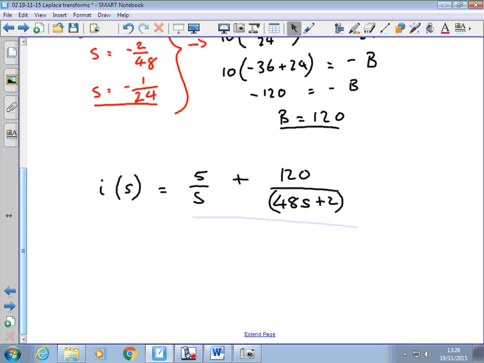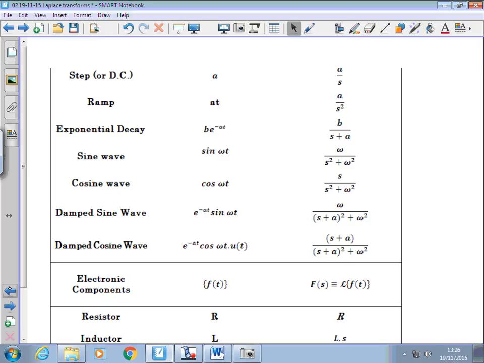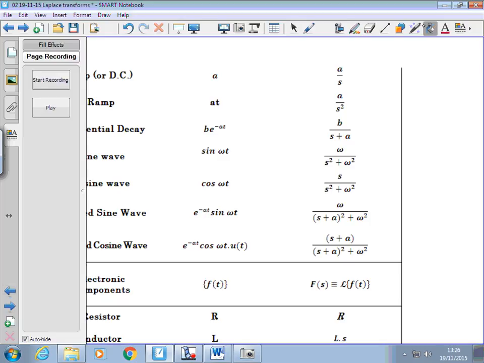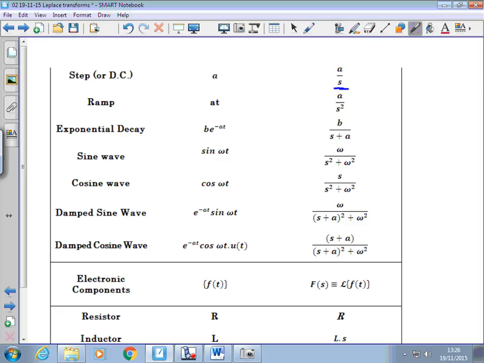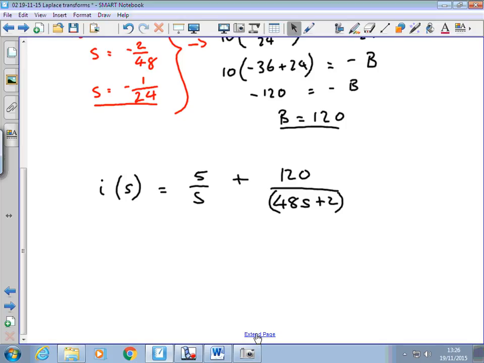If we look at our transforms, we've got something over S, and what we want now is this one. We've got S plus some term, but S on its own. So the final step is to go to our final answer and focus on this fraction and get rid of that 48. How do I get rid of the 48?